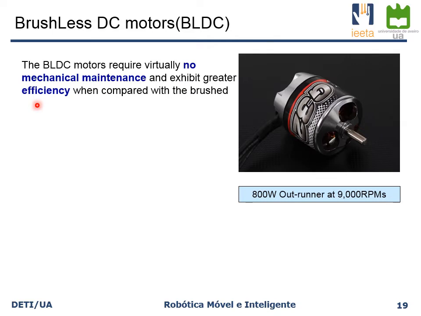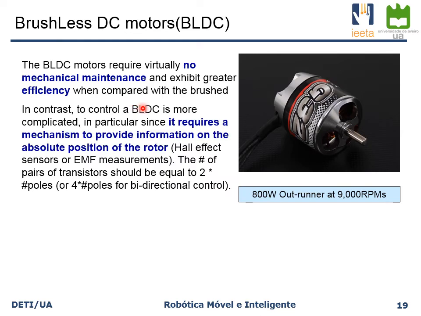So one of the obvious advantages of brushless DC motors is the fact that they require virtually no mechanical maintenance and exhibit greater efficiency when compared with the brushed one. And of course, these are two very important advantages. In contrast, controlling this type of motor requires a much more complicated control solution, in particular because it requires a mechanism that can provide information on the absolute position of the rotor.